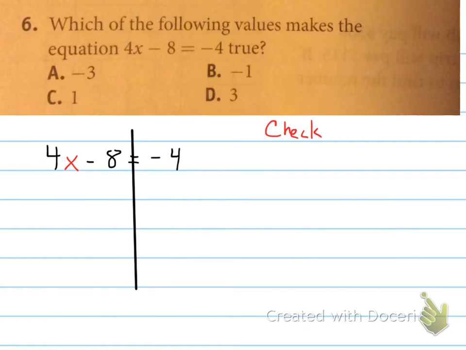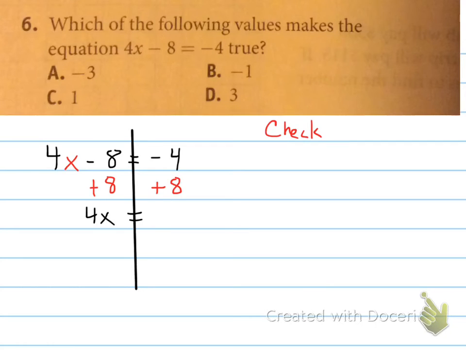Number 6. Which of the following makes the equation true? So let's solve it. Plus 8 plus 8. That's our first step when we're solving for x. 4x equals negative 4 plus 8. What is that?